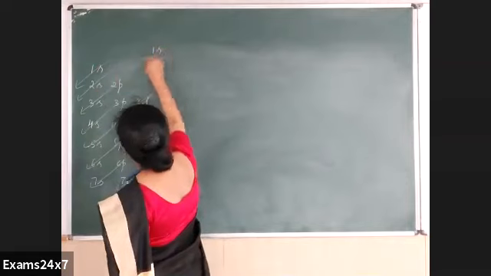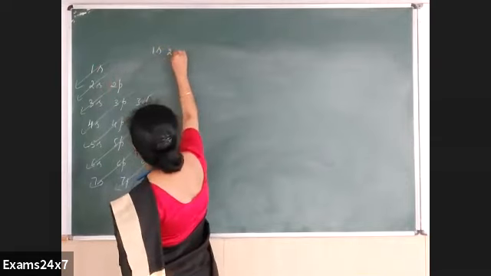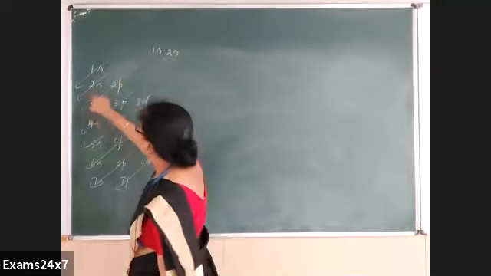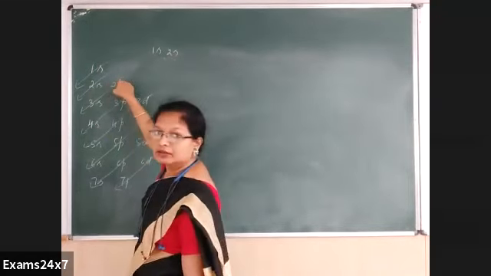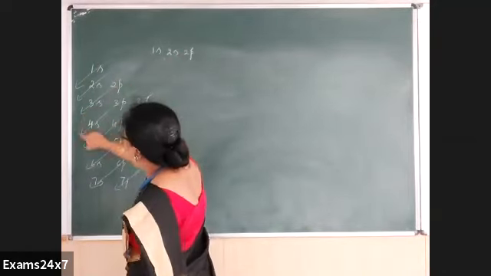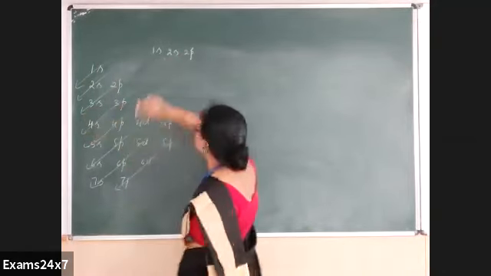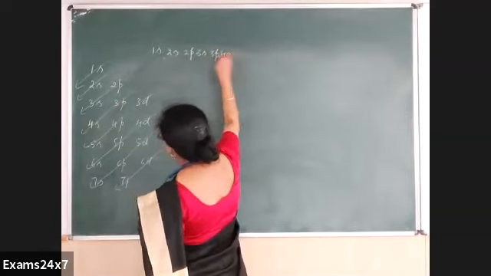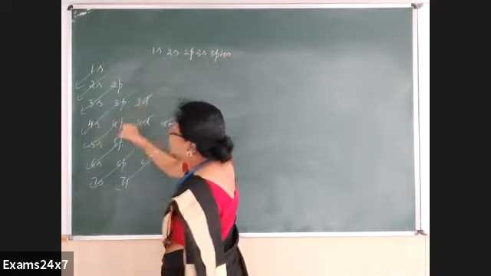Start from the end of the arrow towards the arrowhead. 1s, then 2s, then 2p, then 3s, 3p, 4s. After 4s, 3d, 4p, 5s.